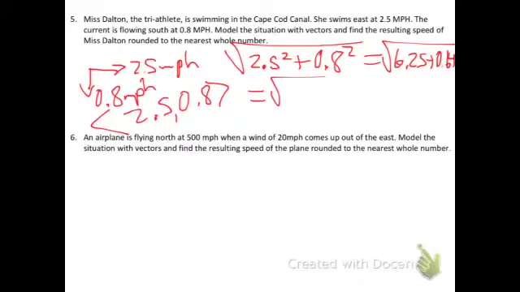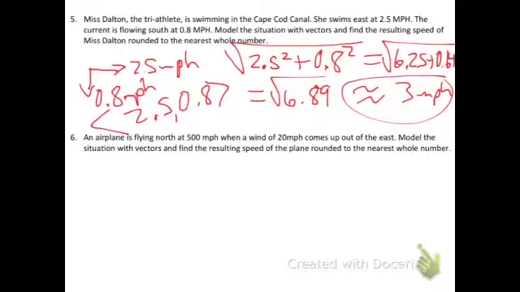And when you add those guys together, you'll get 6.89. If you square root that, you're looking at 2.6, which is about 3 miles per hour, because we're rounding to the nearest whole number. Otherwise, I'd just go like 2.6 miles an hour.